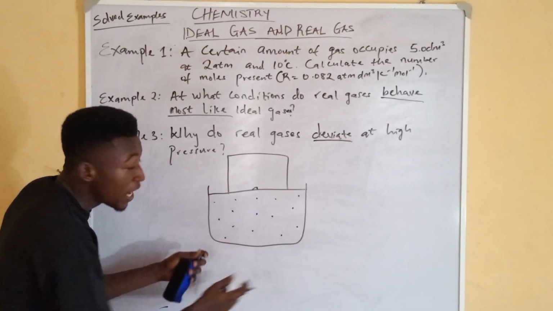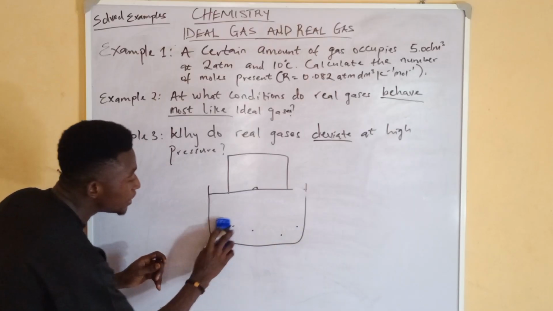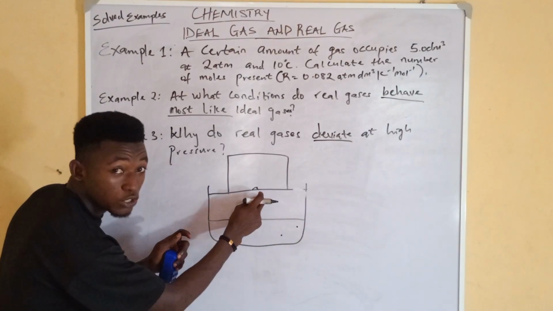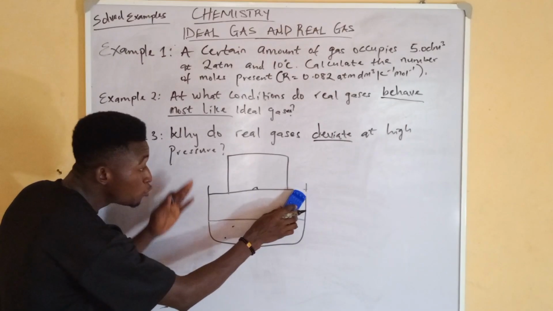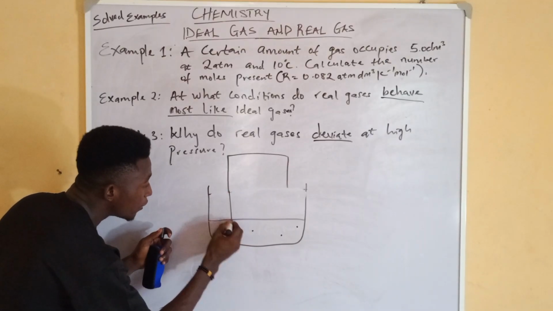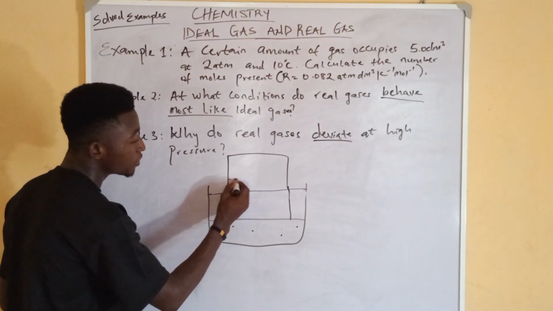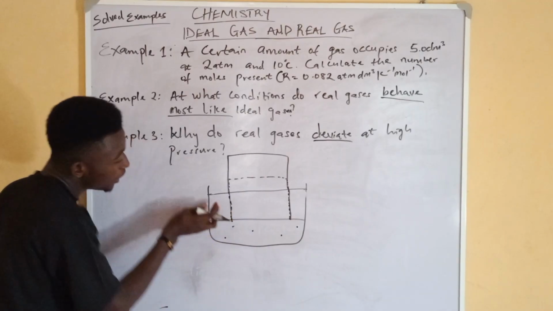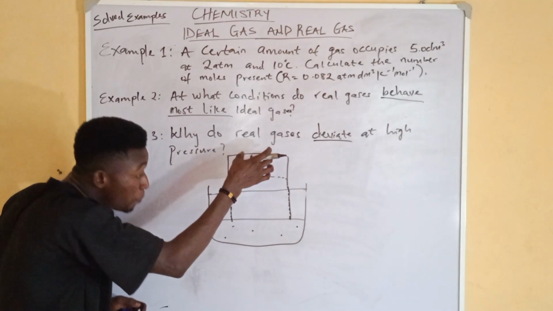Because of the pressure that is exerted, it will push the cover down. So we now have something like this as the new cover. It was here before, but immediately you drop the big stone, it pushes it down.